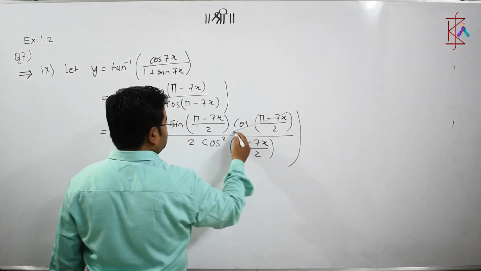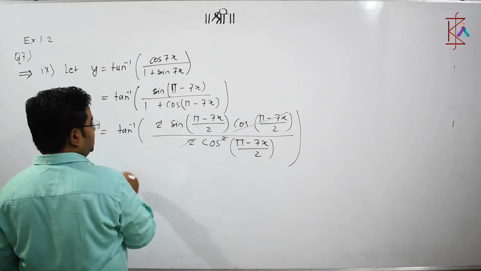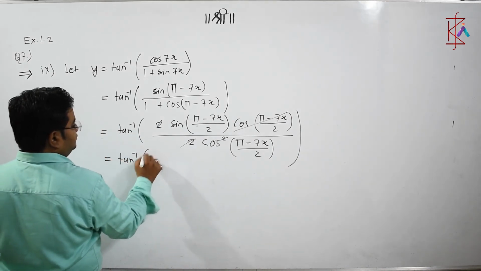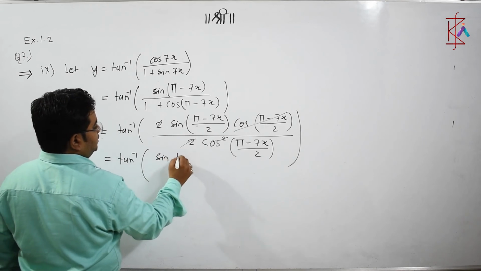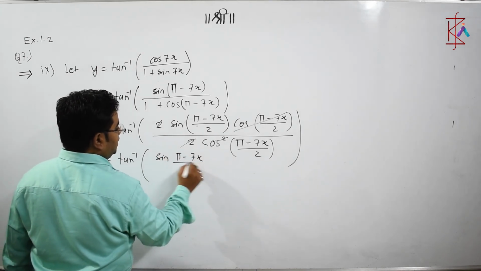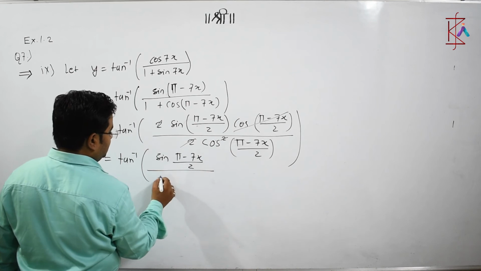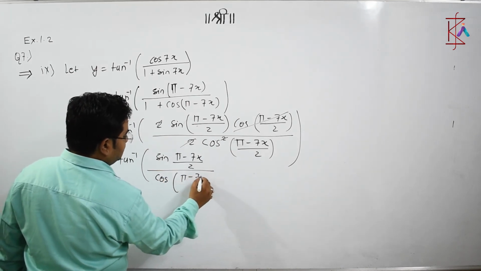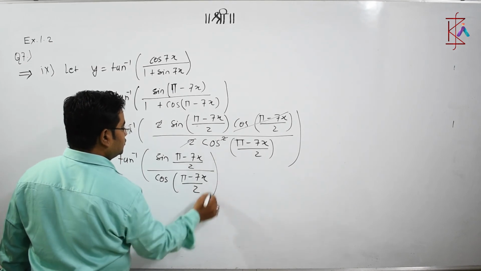Okay, so this will get cancelled, this will get cancelled. Remains what? So tan inverse of sin pi minus 7x by 2 divided by cos pi minus 7x by 2.